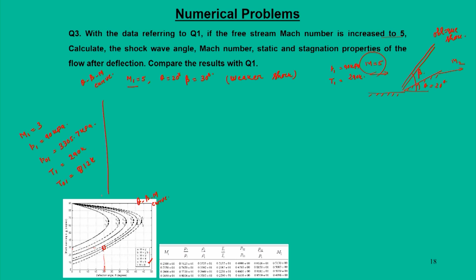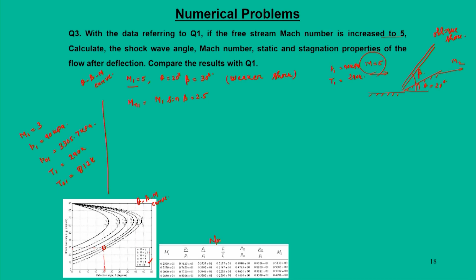Once you know beta, we can calculate Mn1 equal to M1 sin beta, that is 2.5.